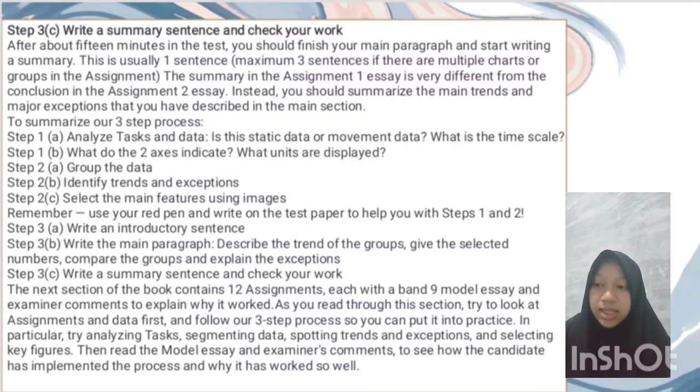In particular, try analyzing tasks, segmenting data, spotting trends and exceptions, and selecting key figures. Then read the model essay and examiner comments to see how the candidate has implemented the process and why it has worked so well.